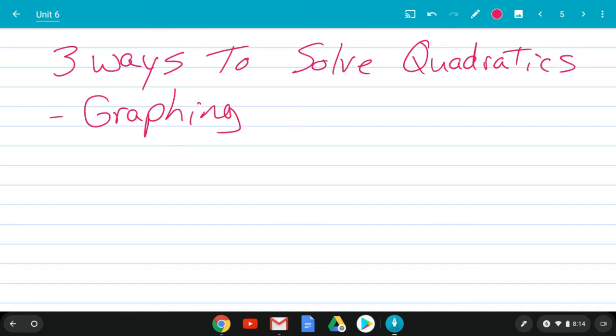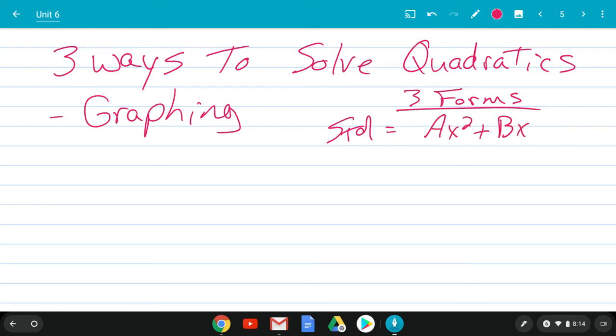We had three forms. We got standard form. Standard form was ax squared plus bx plus c. Then we have vertex form.